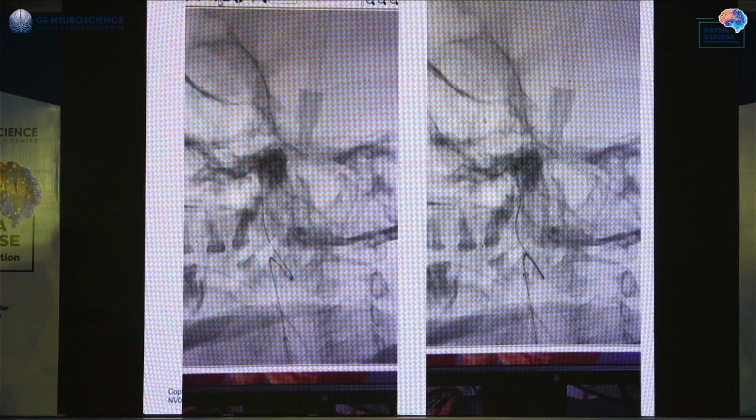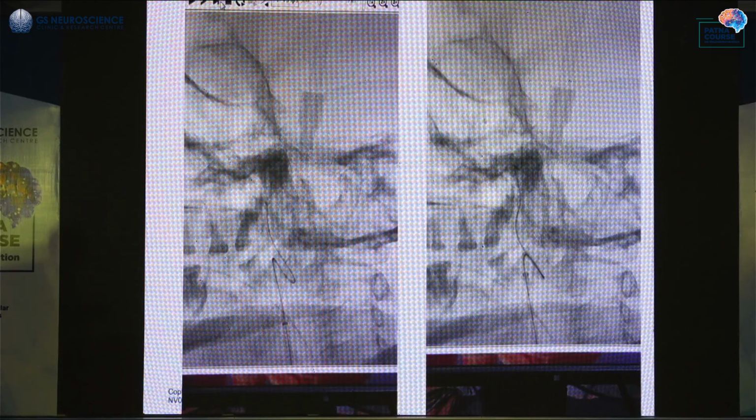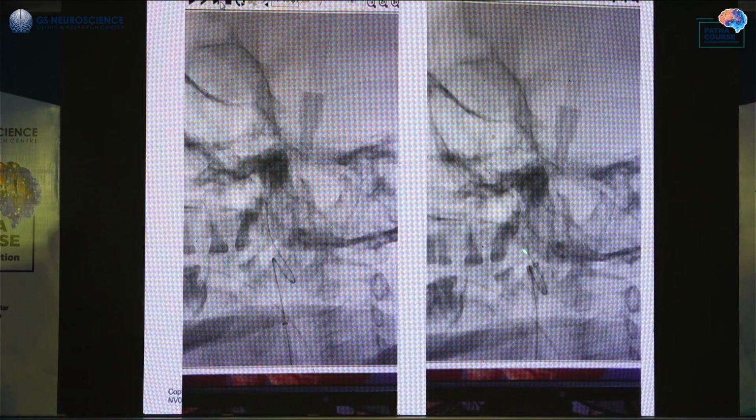First I advanced the aspiration catheter, as usual, and it was not crossing the cavernous segment. So even for support, I pushed the long sheath forward, upward. Still it was not going. So I needed to go with the microcatheter and wire, which is actually described for aspiration.